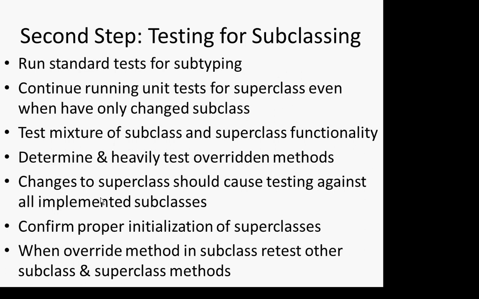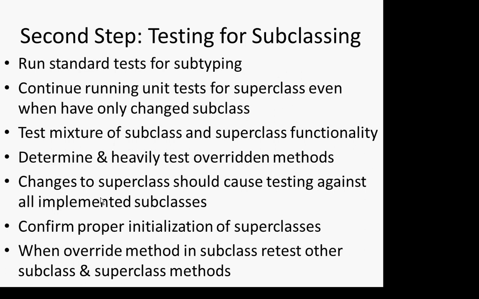Test mixtures of subclass and superclass functionality together. Heavily test overridden methods, even more so than your average method. And changes to superclass code should cause testing against all, ladies and gentlemen, all implemented subclasses that you're using in your program. If you're frobbing that superclass, make sure that you test it with other subclasses.